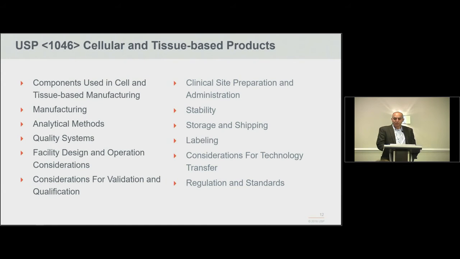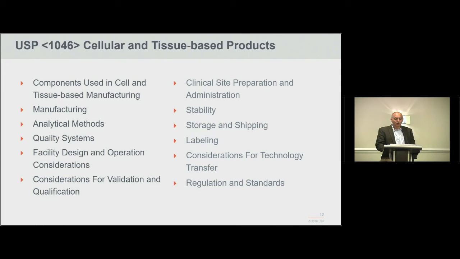So in terms of cell and tissue-based product, chapter 1046 is foundational in this area, and this is like a table of contents of the chapter with some of the key sections that address manufacturing best practices, some information on key components used in cell and tissue-based product manufacturing, and the type of quality systems that are used in a facility that manufactures cell and gene therapy product.